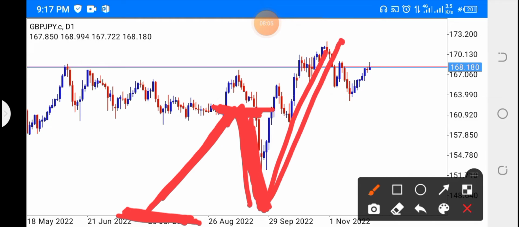So this correction must not break below where the expansion first started from. Within this low and this high is called a trading range.